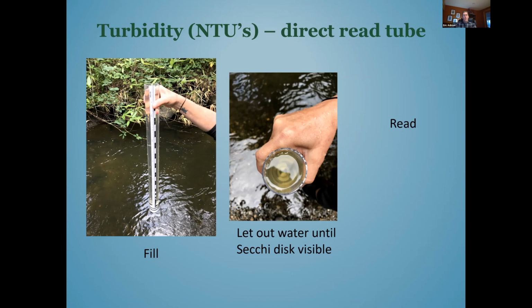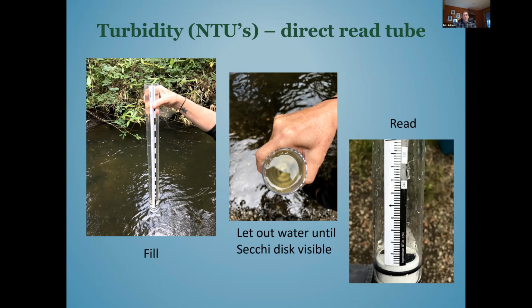But if you can't, you'll let water out until you can just see the Secchi disc, and then you'll read the number. If you look at the marks on that tube, the graduated marks that look like a ruler are centimeters, but then there's a chart that goes up parallel to that which lists NTUs. So at the bottom, it's greater than 250, 240, 185, and 150 in that example in the picture.